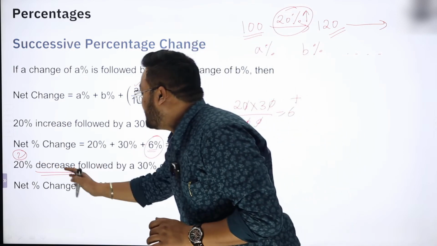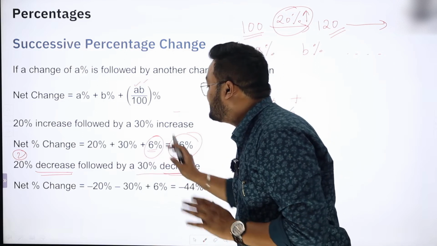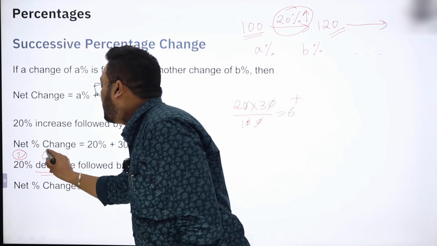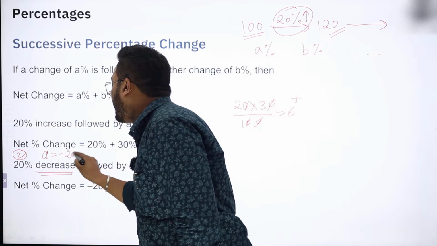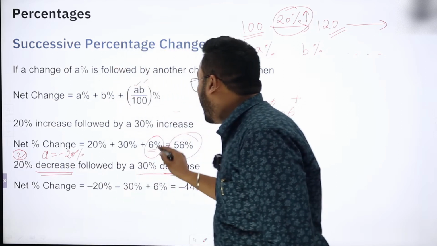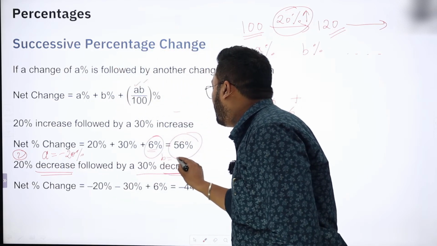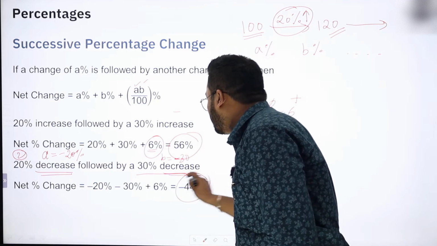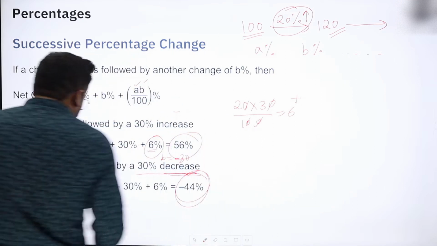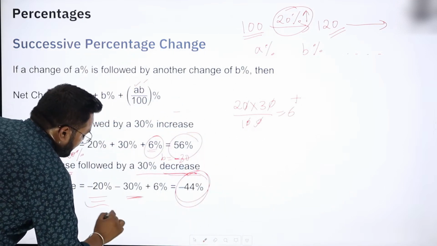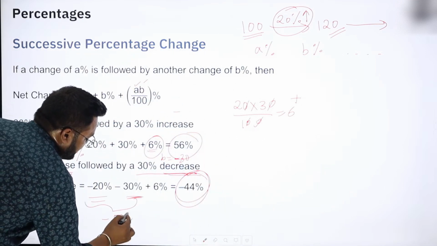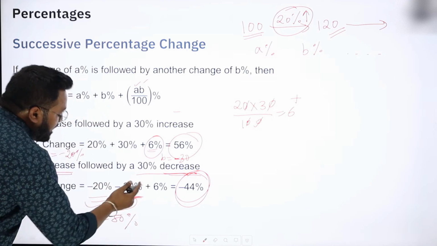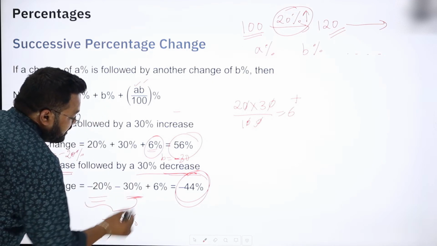If there is a 20% decrease followed by a 30% decrease, that means now the value of A becomes minus 20% and the value of B becomes minus 30%. And how do we get minus 44? Because A and B together give minus 50%, since minus 20 and minus 30 is minus 50%.